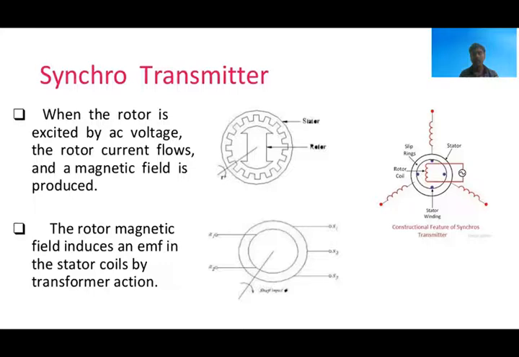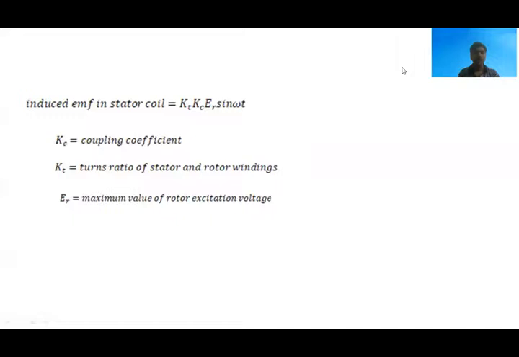The EMF depends on the alignment of the stator coil axis with respect to the rotor coil position. Let us assume the instantaneous value of the AC excitation given to the rotor winding is ER sin omega t.